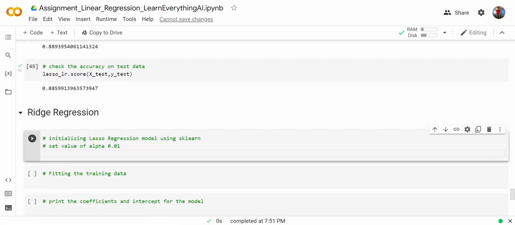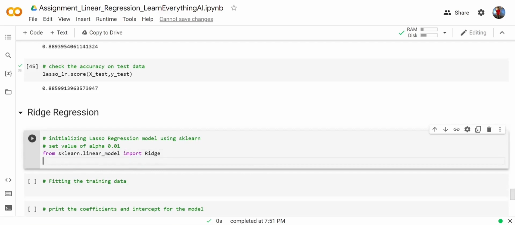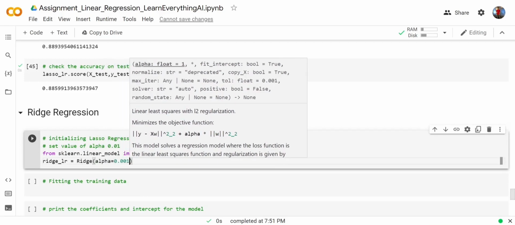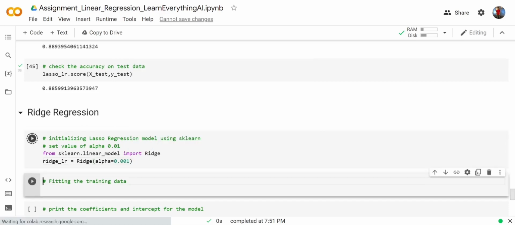So let us now cross verify it again using the second type of regularization method, that is the ridge regression. So again we have to import it from the sklearn.linear_model library, and from that we have to import Ridge, and initialize it as ridge_lr is equal to Ridge, and we say an alpha value of 0.001. We slightly decrease the alpha value, and we have initialized it.